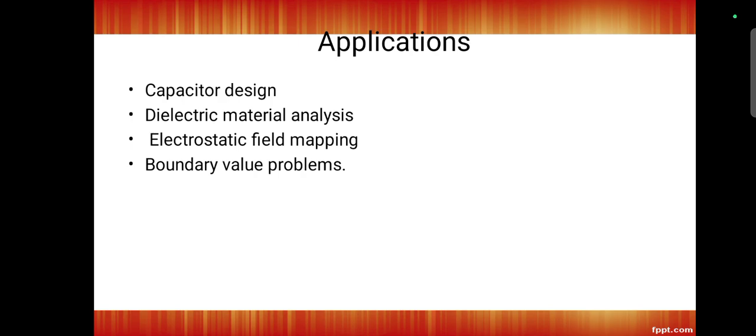Overall, the electric boundary conditions are based upon the tangential and normal components: E tan 1 and E tan 2, D tan 1 and D tan 2, and similarly E normal 1 and E normal 2, D normal 1 and D normal 2, all of which are related to each other. Mainly it is used for solving boundary value problems.